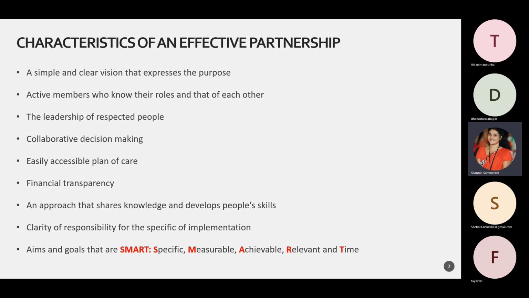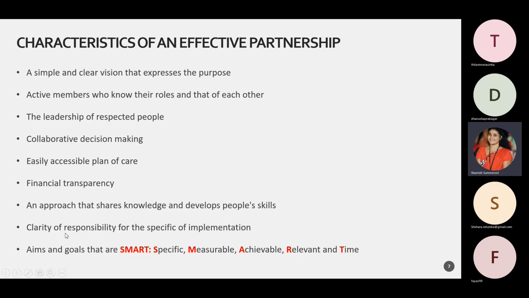And the time management. Time management means it is better to manage the time effectively. Whatever goals you are making, you need to make sure you achieve them in a short period of time, right? Not drag on for too long a period. So when you are developing an effective partnership only, you can have this.